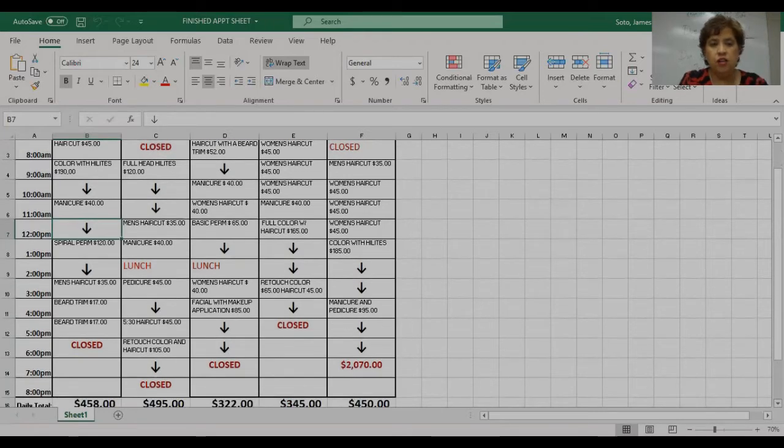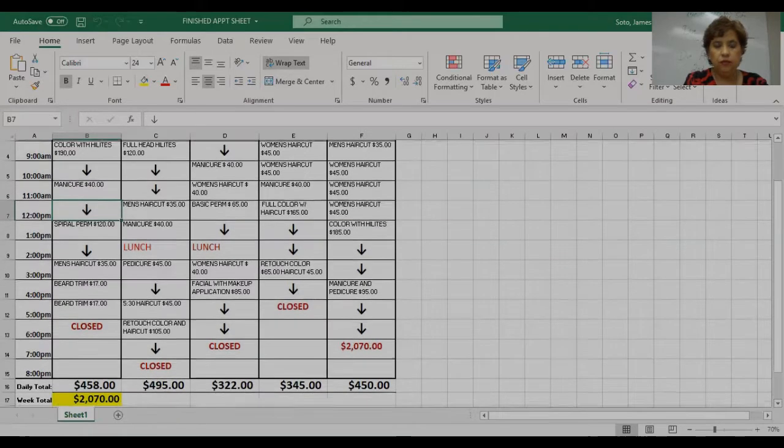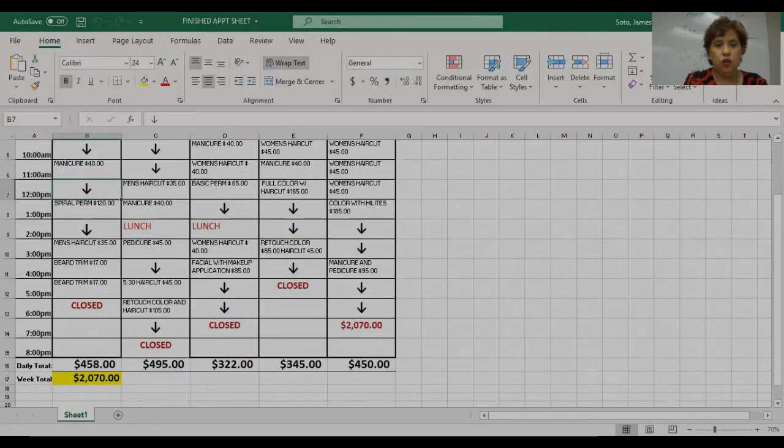So you can see what I've done here with this screen, and I've made an appointment schedule, and I've also put what the amount that I'm charging based off the service menu that you did from step 2, part A. Then I went here and I totaled every single day. So every day I totaled it, and I totaled that for the week. Okay, so you can see what I've done here. I totaled it for the week.